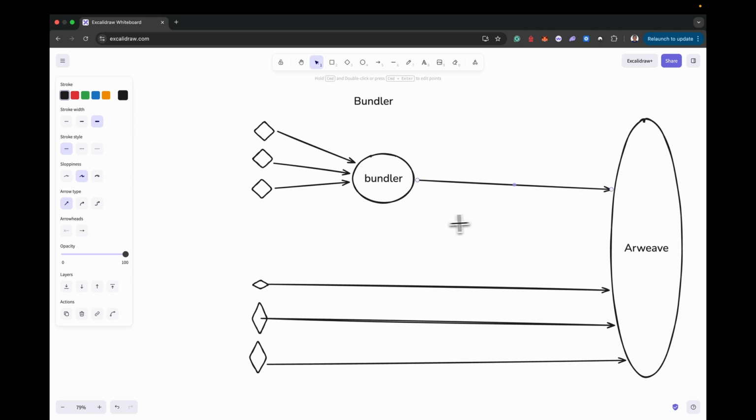Imagine if one application has 1 million users, for example, and within the 2-minute time of a block, these million users submit 1 million transactions. All that's going to happen is the bundler can bundle all those transactions into one transaction, or like two transactions, and submit them back to Arweave.